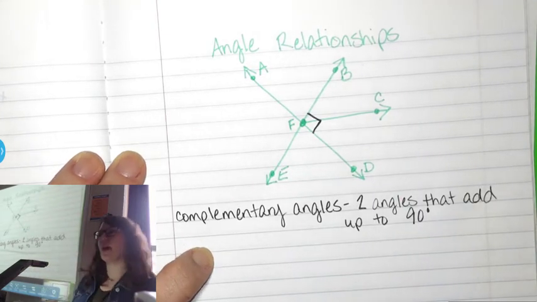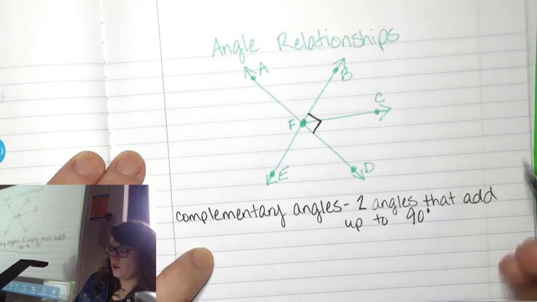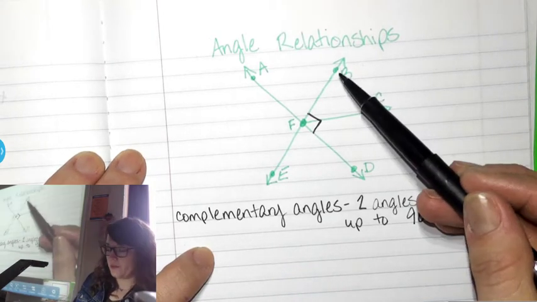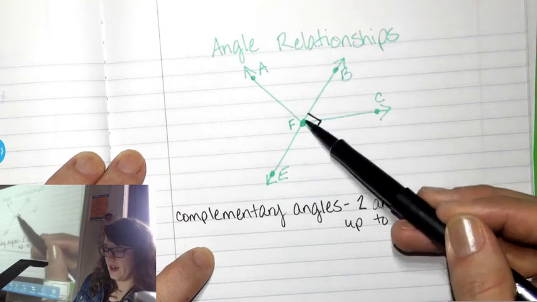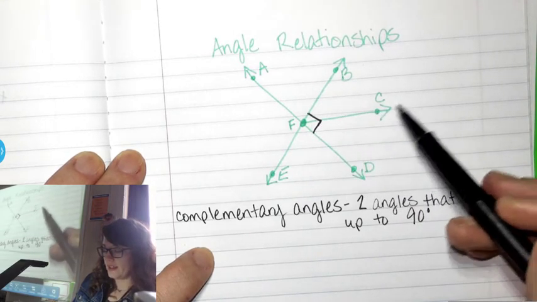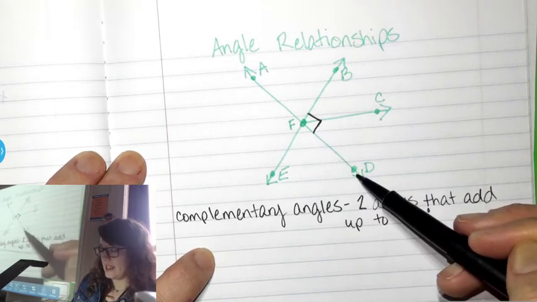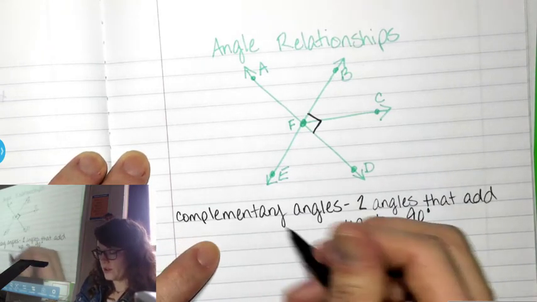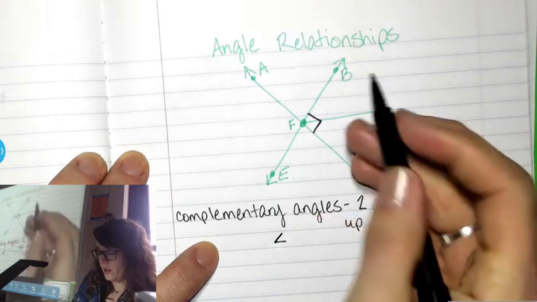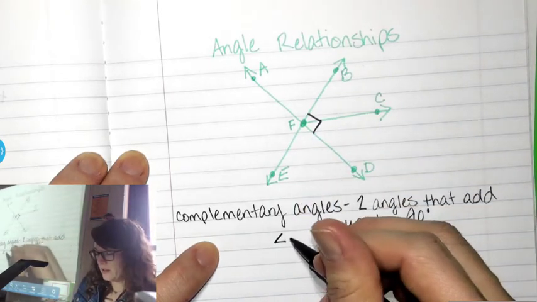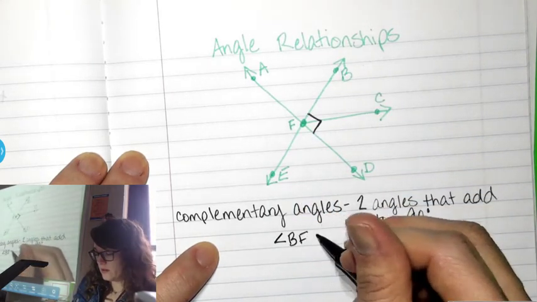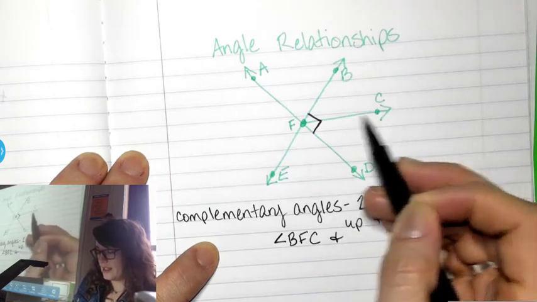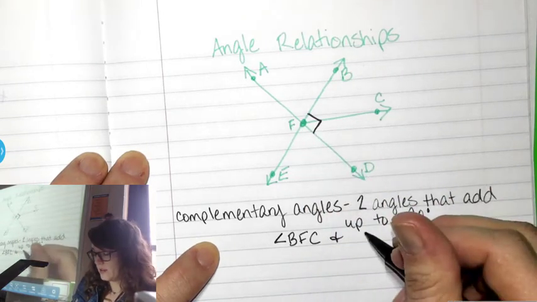Now, when you name an angle, you trace it. So a pair of complementary angles would be angle BFC and CFD.